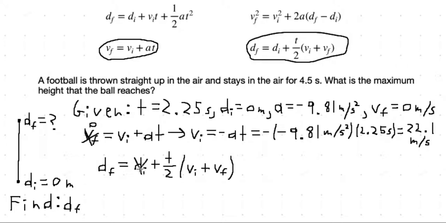So di is 0, and vf is 0. Let's just write out what we're left with then. We're just left with t over 2 times vi.